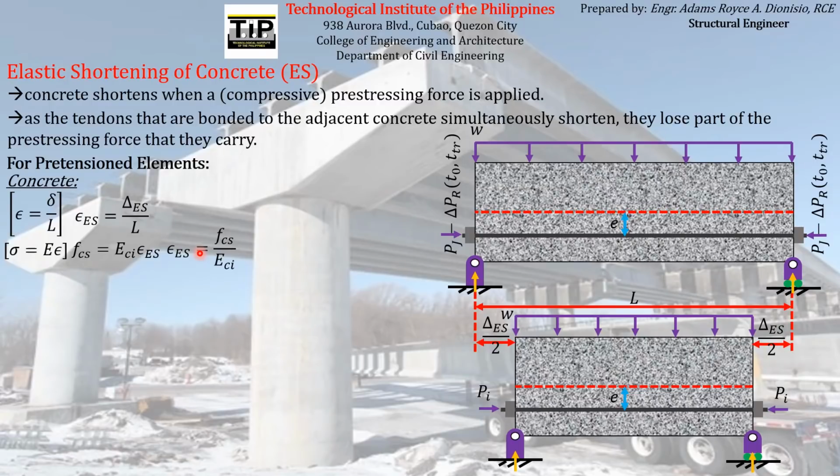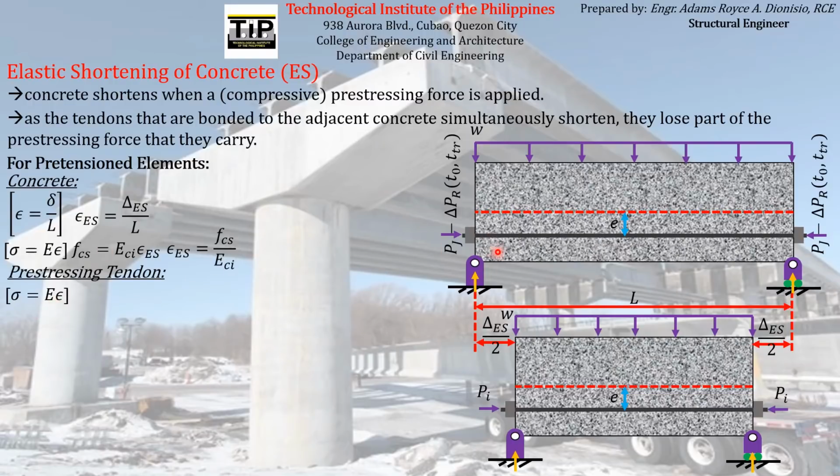Now let's talk about the behavior of the pre-stressing reinforcement or the pre-stressing tendon. So again, just like the concrete, we know that the pre-stressing reinforcement is also elastic at this particular stage of pre-stressing. Therefore, it must satisfy Hooke's law.